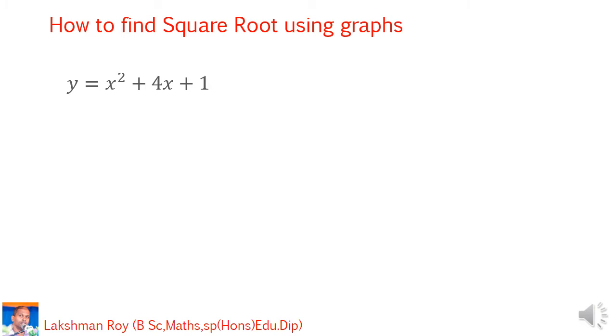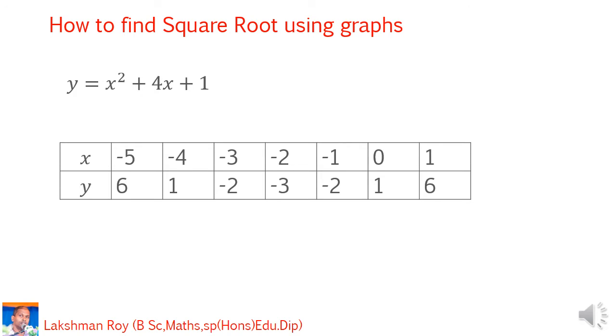First of all, students, we need coordinates to plot this graph. Here I have taken x coordinates from negative 5 to positive 1, then substituted into the function y equal x square plus 4x plus 1, and found the y coordinates. Those are the values I have given.